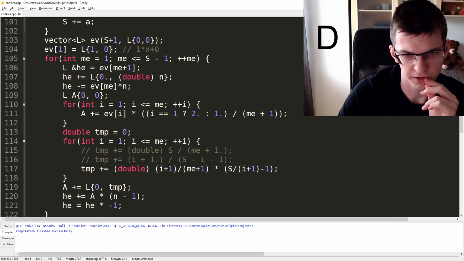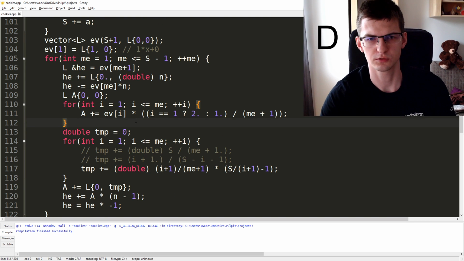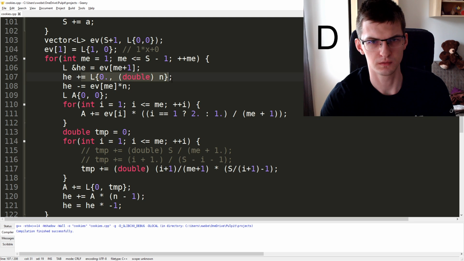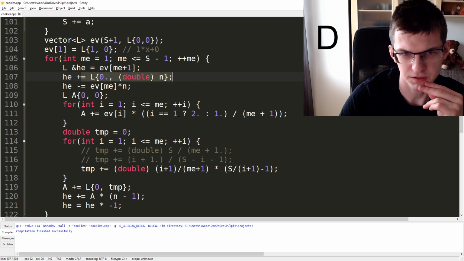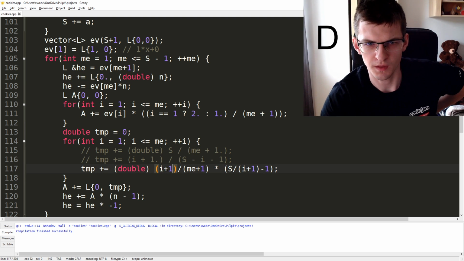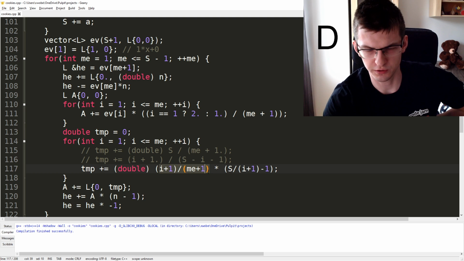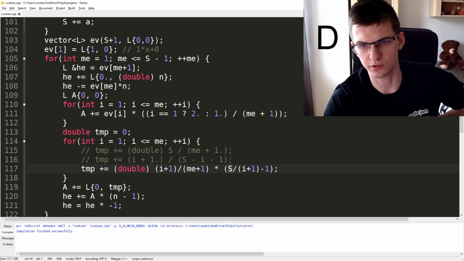So let's follow everything related to a free term. EV of 0 doesn't have a free term. I have this, and what is another place of free term? This. The sum over 2 over 2, so 1, times 3 over 2 is 1 half.